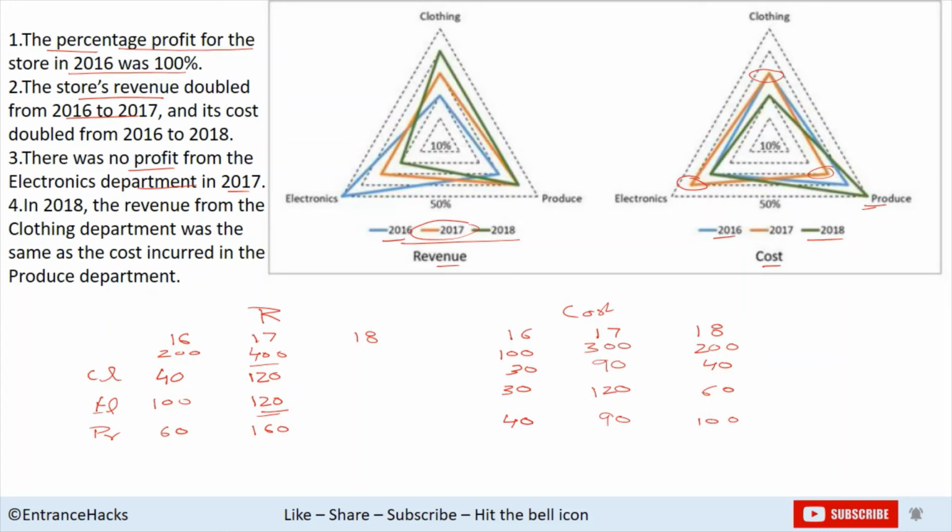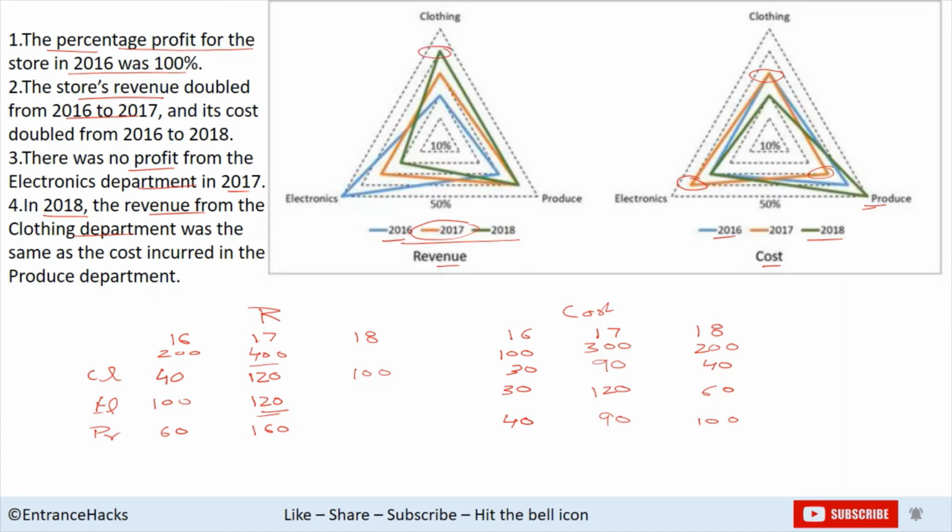Now coming to the last statement: in 2018 revenue from the clothing department was the same as the cost incurred in the produce department. So the cost in produce in 2018 was 100, so the revenue here would be 100 for clothing. Now again using the same logic, for 2018 we have the green line.